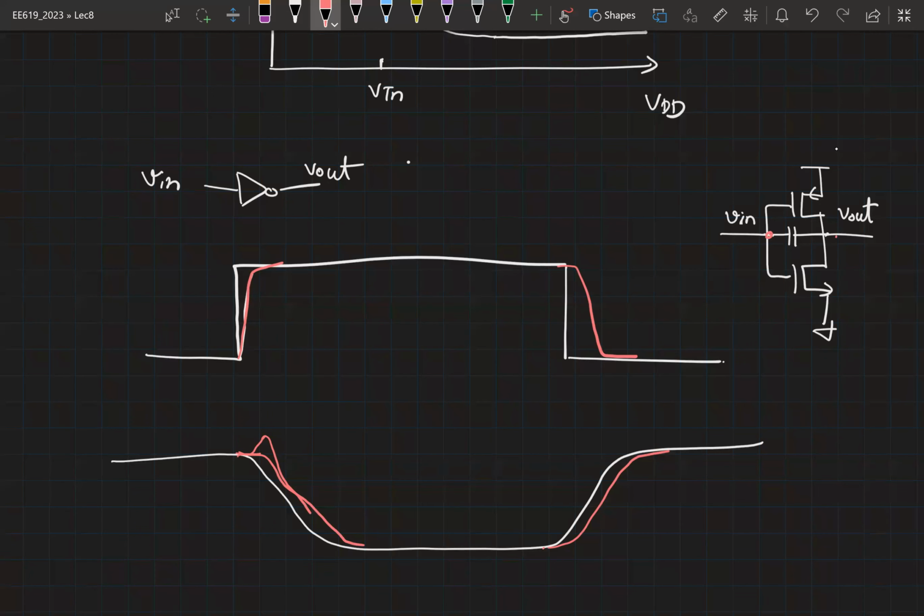Similarly, even here, you'll first see a dip, and then it will increase. So if you were to run a simulation, and you see very clean waveforms without this peaking, something has gone wrong in the simulation, or you have not taken care of the CGD capacitance properly. Okay? So you can expect to see this peaking and the dip. Corresponding to that, the delay value is going to increase slightly.